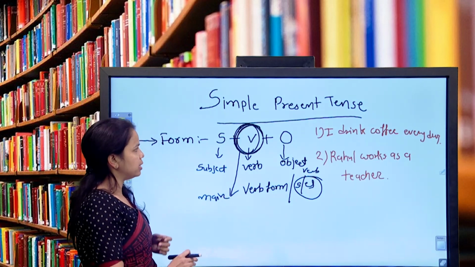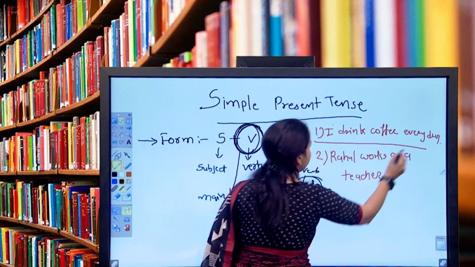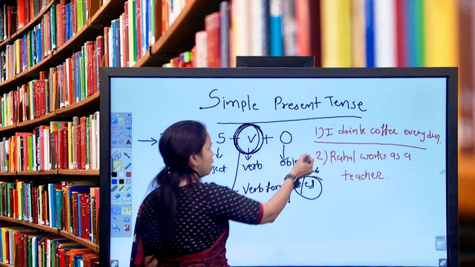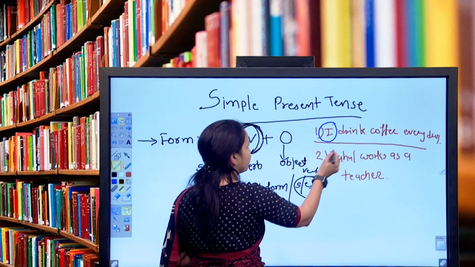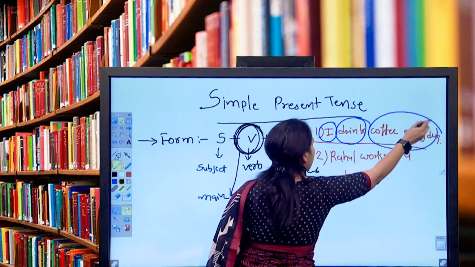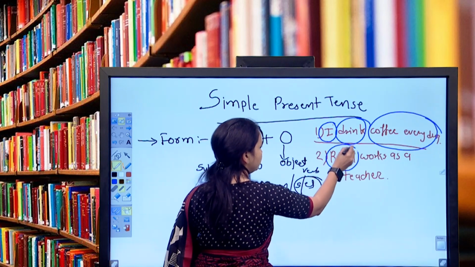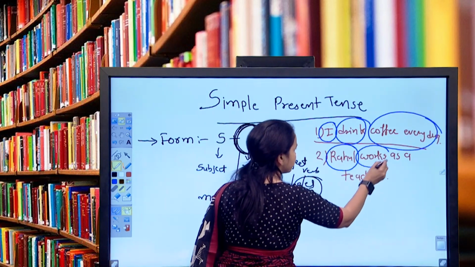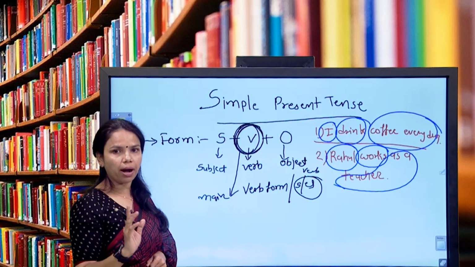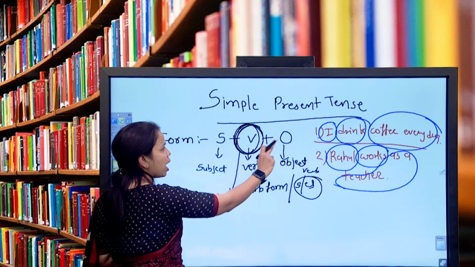Whenever you see this sentence, it is divided into three parts, right. I, drink, coffee every day. Second sentence also: Rahul, works, as a teacher. So these are the three parts. Now, I is the subject.